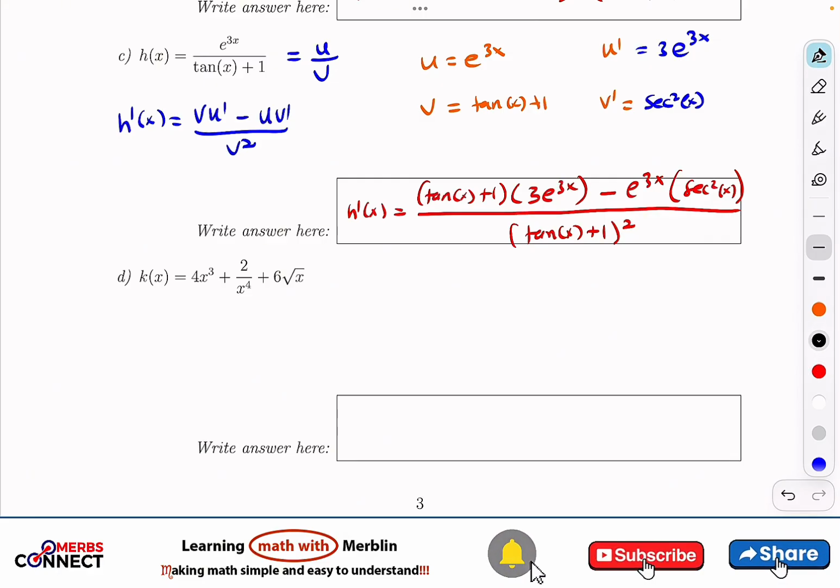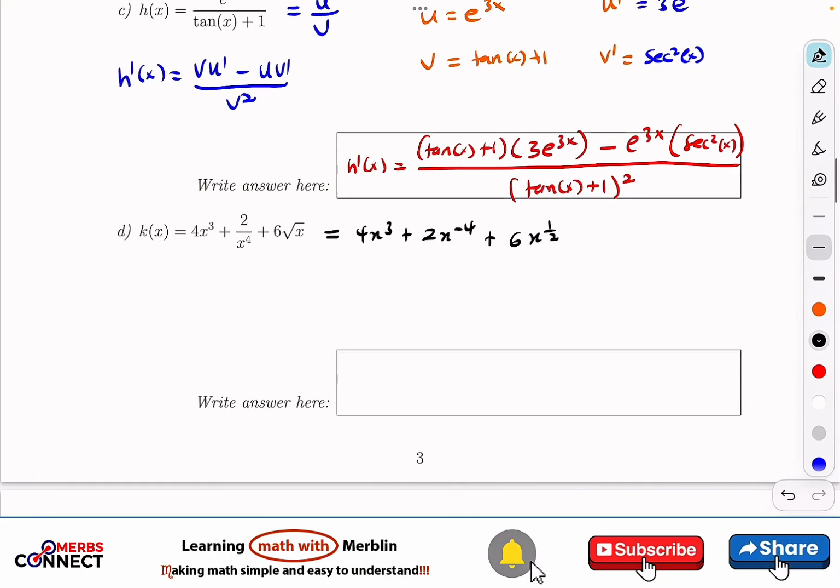Let's look at this. So for me to differentiate this, as I said, some of the functions we need to simplify before we differentiate. So I can write this one as 4x cubed plus 2 divided by x to the power 4, which is the same as 2x to the power minus 4, plus square root of x, which is the same as x to the power 1 over 2.